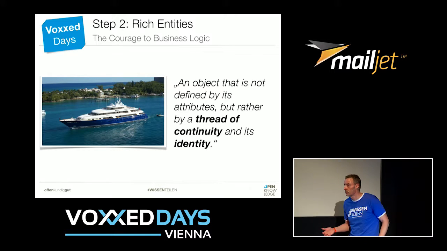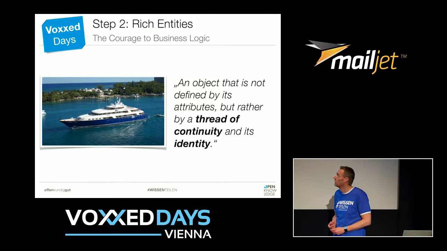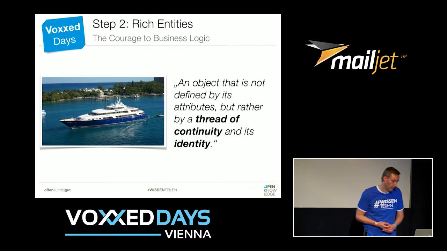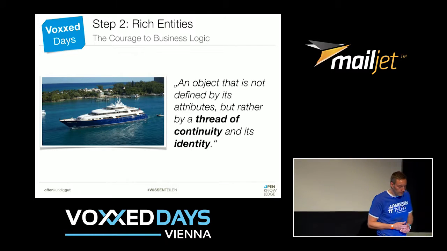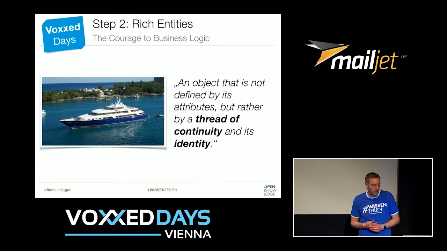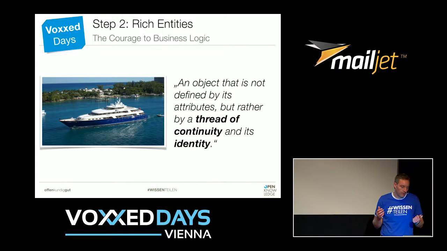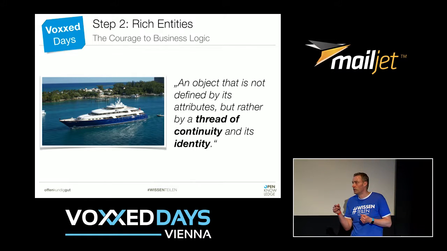So, for example, a customer is a rich entity. This means if you compare a rich entity with another rich entity, you do not compare the attributes, because maybe my name is Thomas Müller.